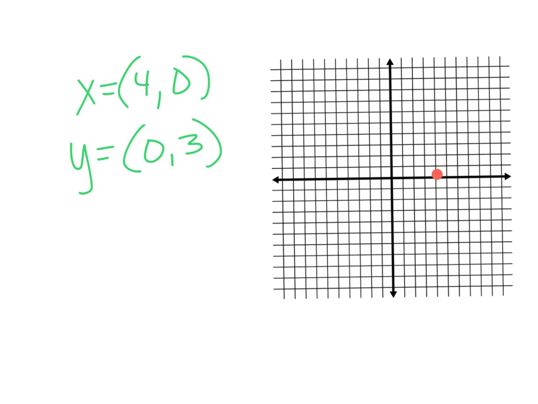Y-intercept, I go 1, 2, 3. I missed. And then you connect the dots. You would have got the same line if I had solved for y equals mx plus b. So either way, unless it specifically tells you to solve using the intercepts, you can graph it either way.